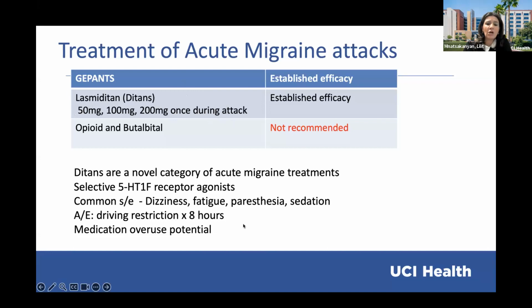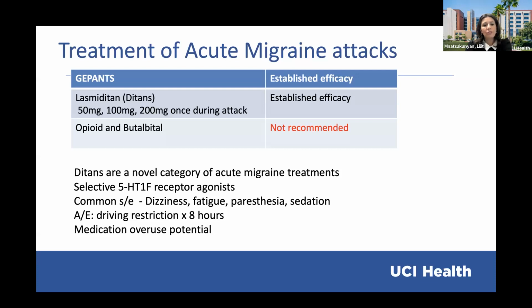The ditans are a novel category of acute migraine management. They are also selective 5-HT1F serotonin receptor agonists. The common side effects include dizziness, fatigue, paresthesia, and sedation. The important restrictions are a driving restriction for 8 hours and also medication overuse potential.